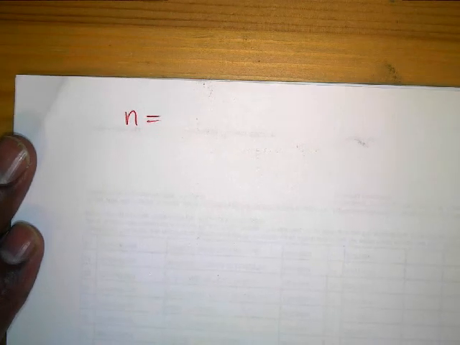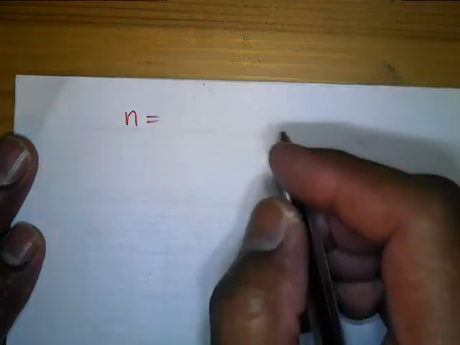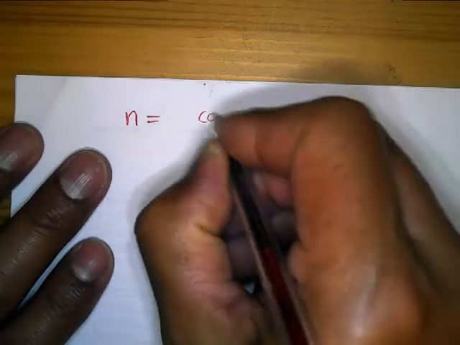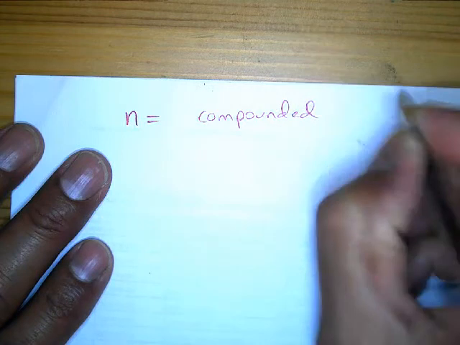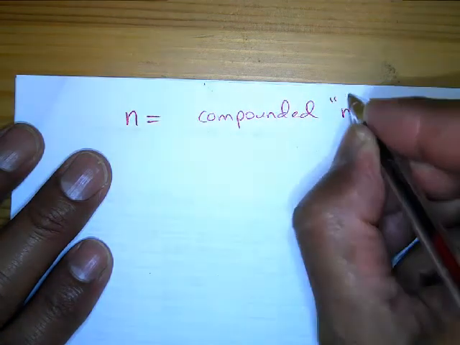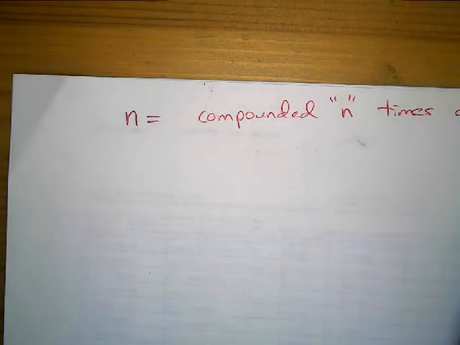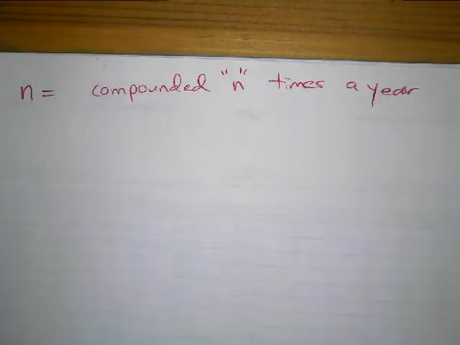So let me take a piece of paper here. For the value of N, the book said compounded N times a year. How many times in a year is it going to be compounded?